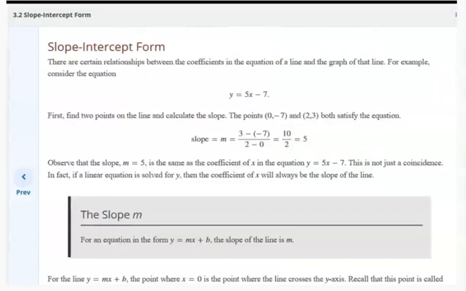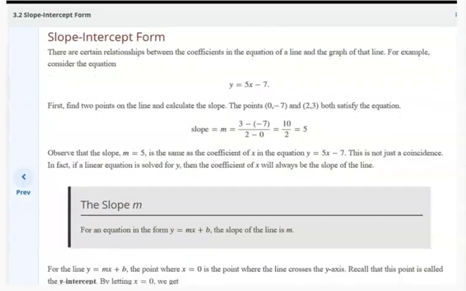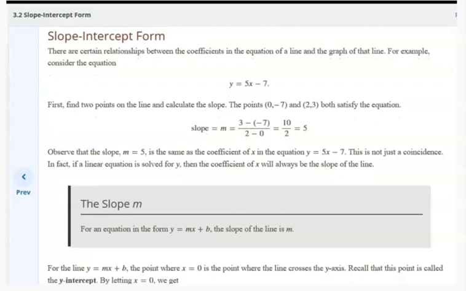Here's our next background item. Again, we reviewed for this a little bit. The Slope-Intercept Form. And you're going to write y equals 5x minus 7. Now, if you had a set of ordered pairs, you'd figure out the slope was 5.